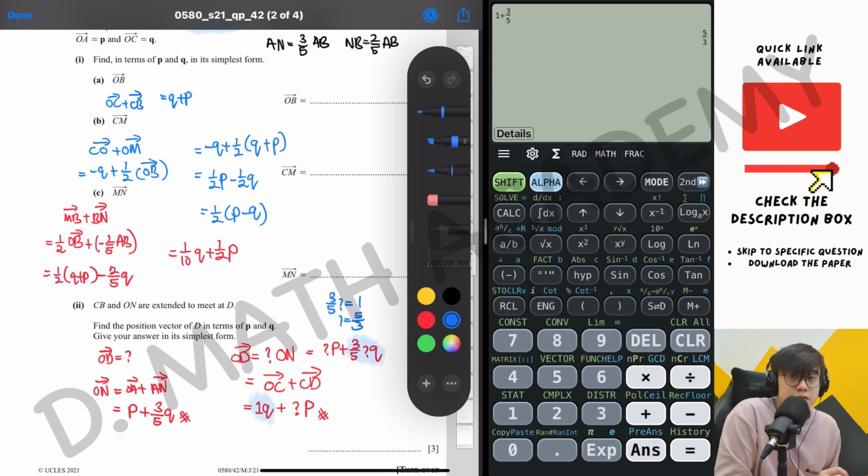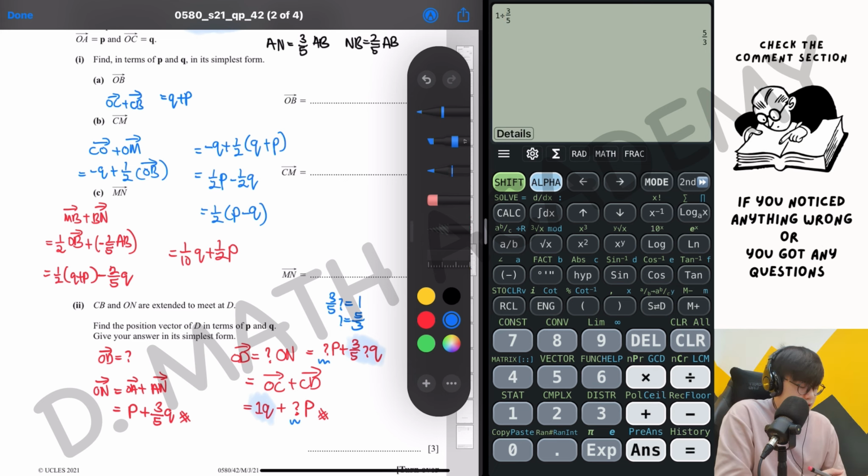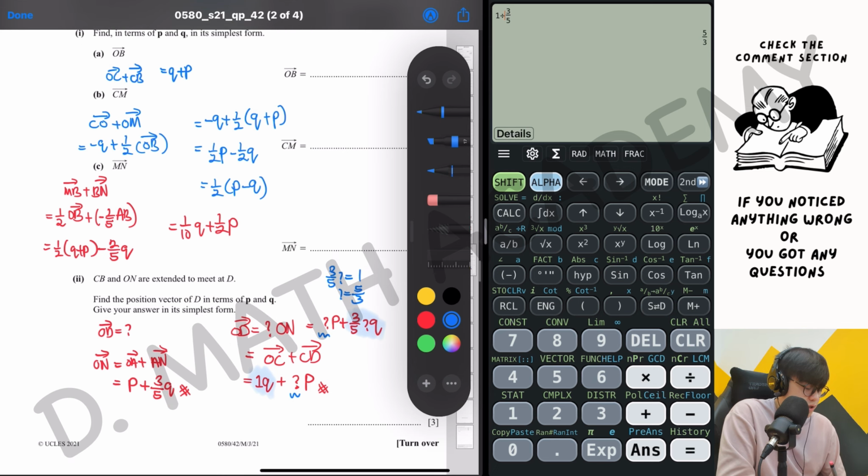With this 5/3 here, you can then multiply it in. That's how you know that the P here is actually 5/3. So since they're looking for D, your final answer should be Q plus 5/3 P, or the other way around, 5/3 P plus Q, up to you.